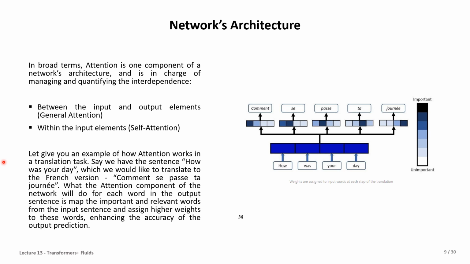So if we look here, we have 4 words in the English sentence, but in the French version we have 5. This importance and the sequence are provided by the attention and the weights, enhancing this accuracy.